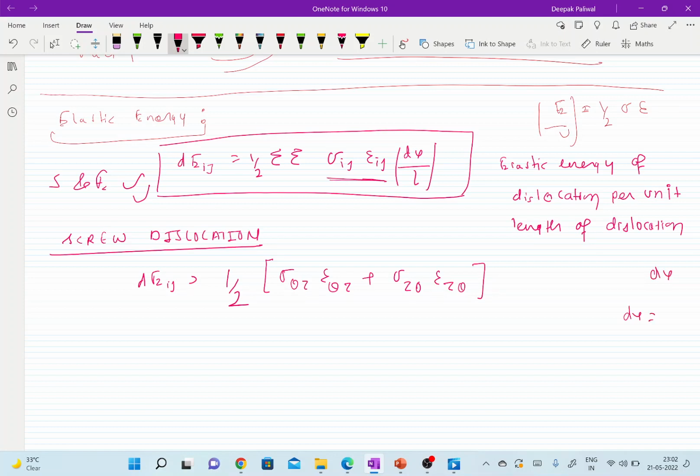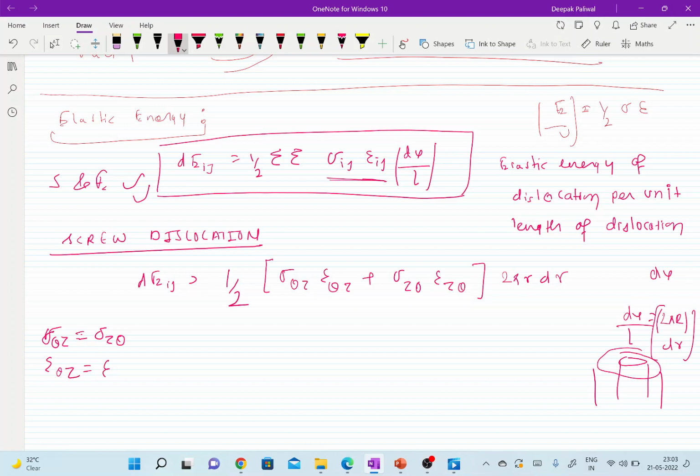For screw dislocation, dV is 2 pi r multiplied by dr, and per unit length we are talking about, so the volume becomes 2 pi r dr. Here r is the radius and dr. Both sigma theta z and sigma z theta are equal, similarly epsilon theta z is equal to epsilon z theta, so the strain components are symmetric.